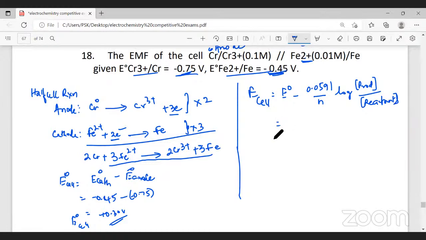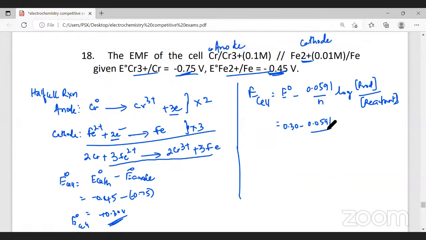What is that E naught we calculated? 0.30 minus 0.0591 over n. What is the n value? n stands for number of electrons, or valency.